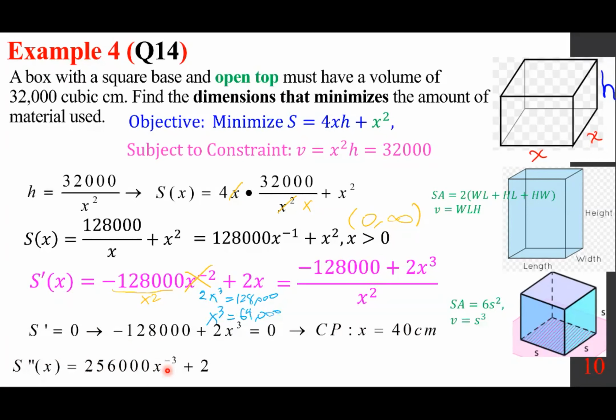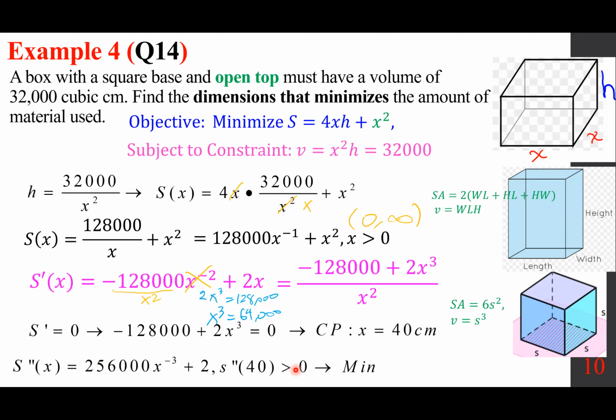So if I plug in 40, it's 256,000 divided by 40 cubed. But I don't have to even evaluate it. It's positive because the numerator is positive. So is the denominator. Plus 2 is even more positive. So you have to recognize S double prime evaluated at 40 is positive, which means minimum.